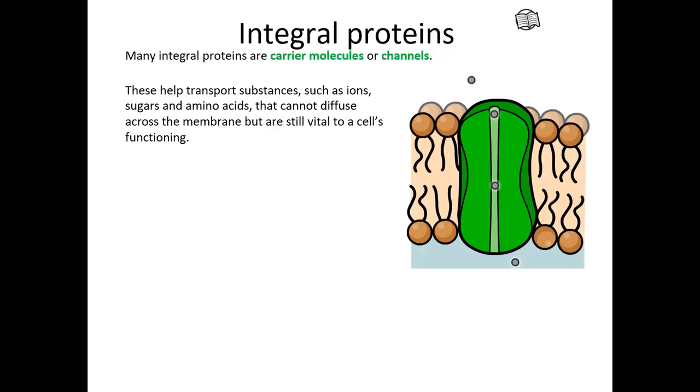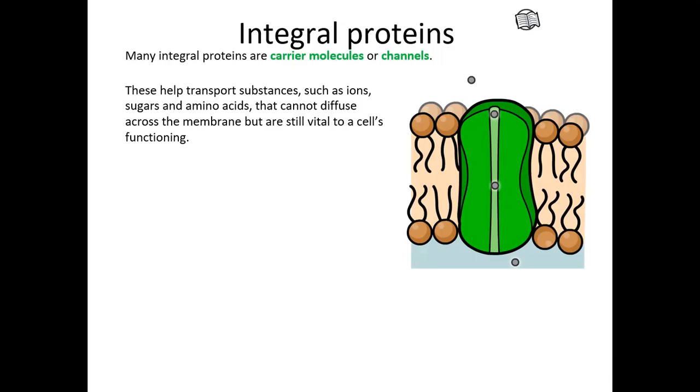Ions are charged, so it's hard for them to get through. Sugars, amino acids, they're also large. They can't diffuse through. So it's a mixture of, depending on whether it's the charge or the size, that stops them from being able to diffuse through. But the cell still needs them. But if we had a gap big enough to let them through, the cell would just fall apart. Or, for example, it's an ion, it can't get through because it's charged.